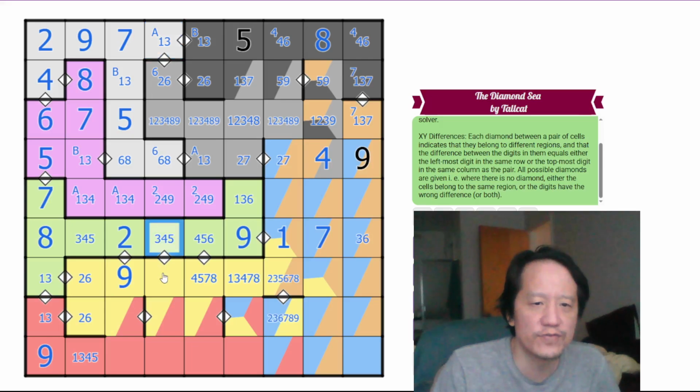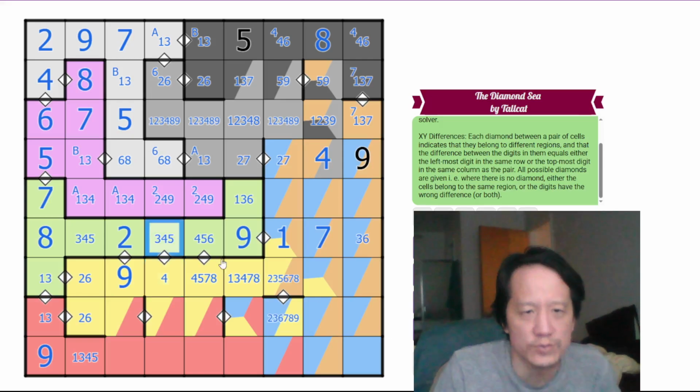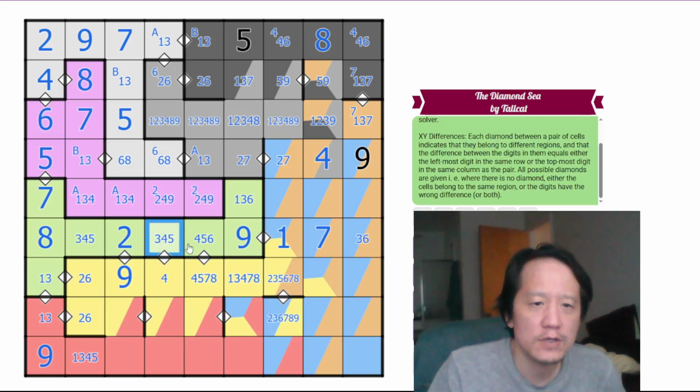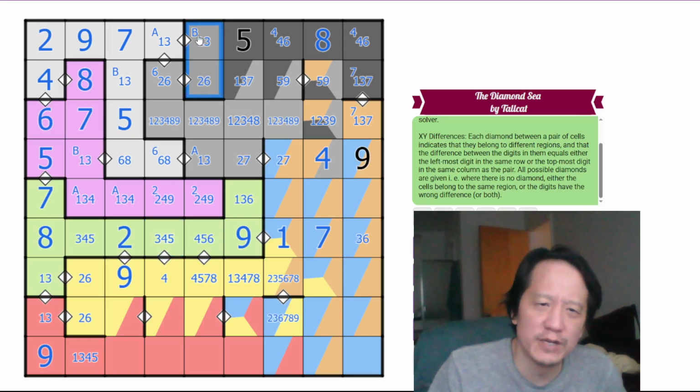So this difference of 3 would mean this cannot be 2, because this would be 1, 2. So it would have to be 3, 4 if this was 3. If this is 4, actually, yeah, we should have been able to figure that out.